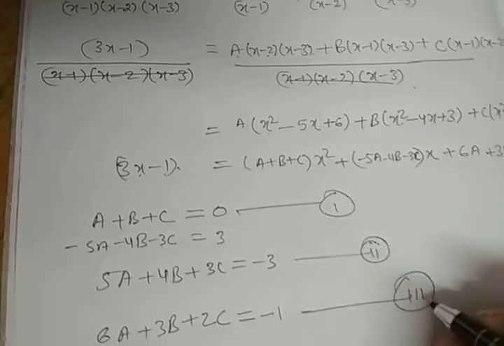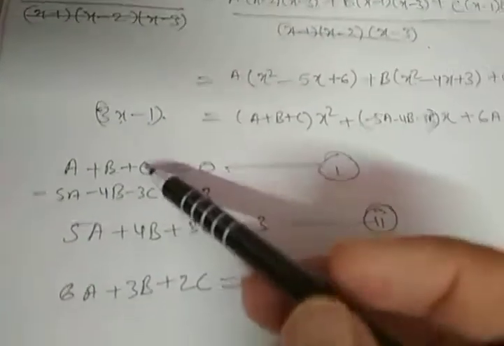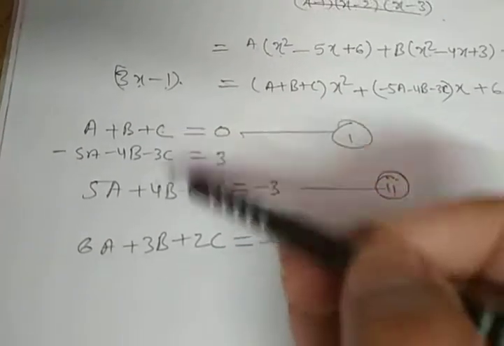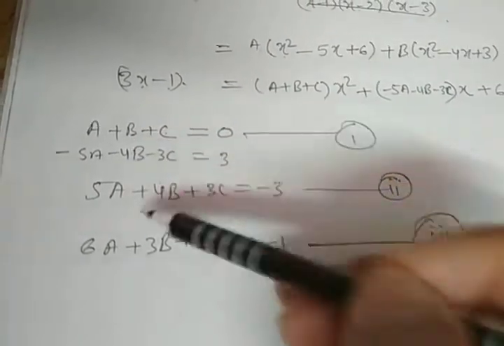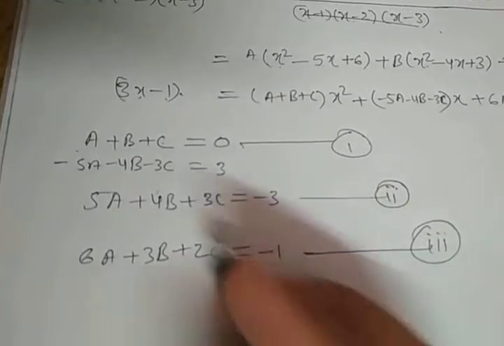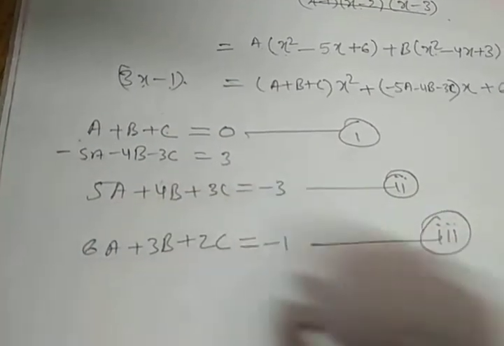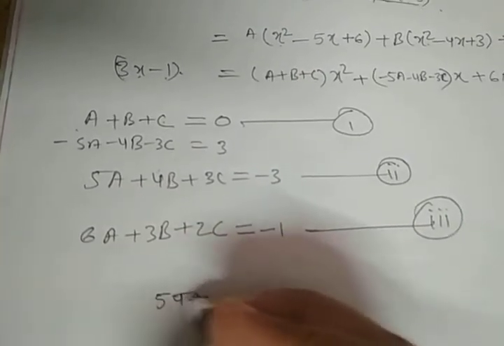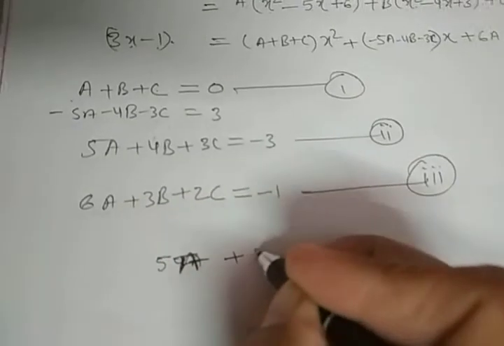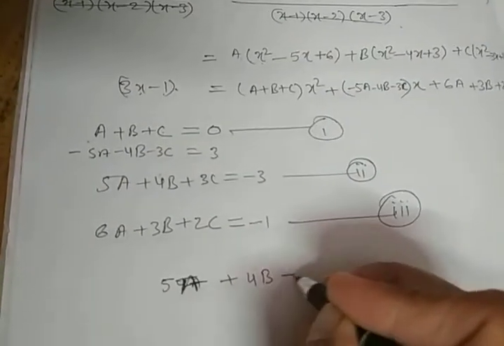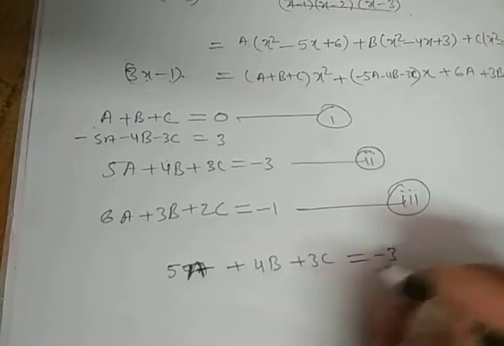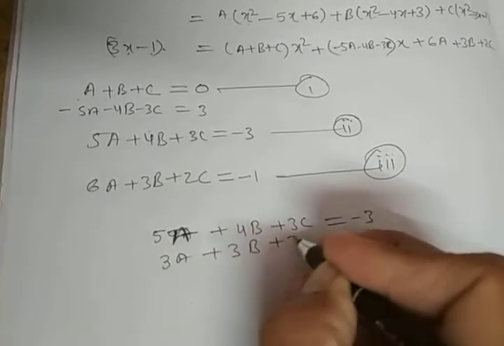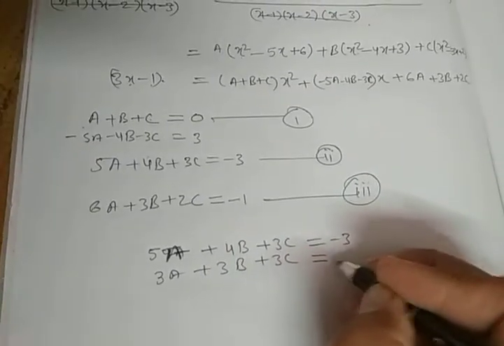Now we solve these three equations. Solving the first two, we eliminate C, so two equations in A and B will be there. Multiply the first equation by 3 and solve with the second equation. 5A plus 4B plus 3C equal to minus 3, and that will be 3A plus 3B plus 3C equal to 0.